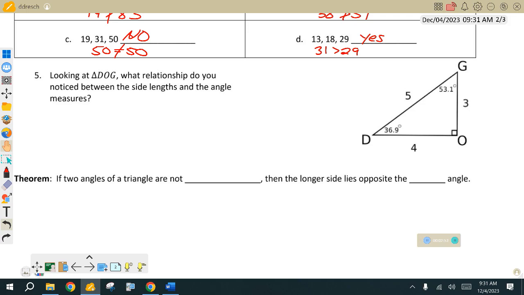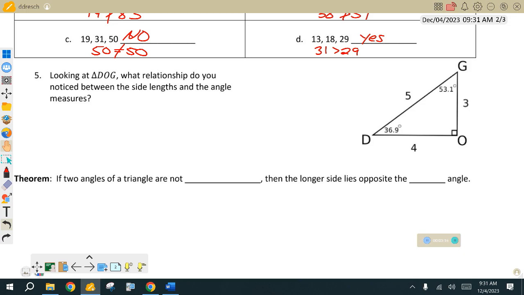Looking at that triangle DOG there, there is a relationship between the side lengths and the angle measures. So what is my smallest angle? What's my smallest side up there? 3, and that goes with 36.9, right?